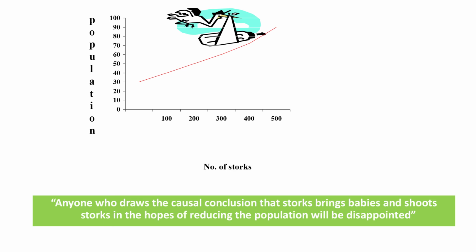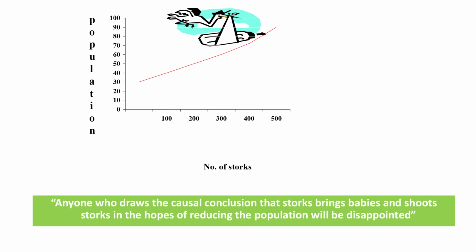The whole thing about statistics is that whatever p-value you get, you have to understand it in the context of your problem and your situation. Just because there is a positive correlation between the number of storks and the population increase, you cannot just shoot the storks and expect the population to go down.